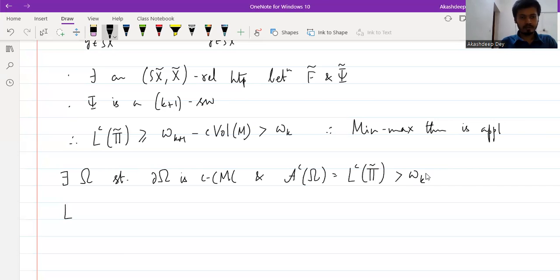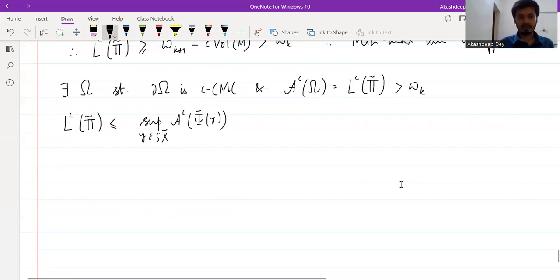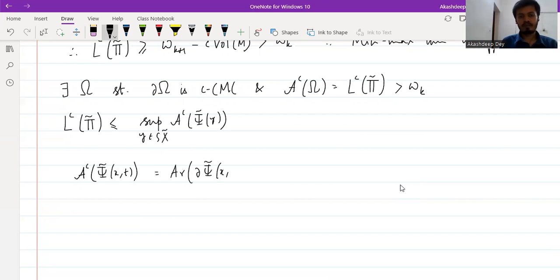And to prove the upper bound for A^C omega, we prove an upper bound for L^C pi tilde. So L^C pi tilde will be less than or equal to sup of A^C psi tilde y, y in S_x tilde. This is because psi tilde is also an element of pi tilde. And now if we denote y as (x, t), then A^C psi tilde (x, t) is equal to area of boundary psi tilde (x, t) minus C times volume of psi tilde (x, t).